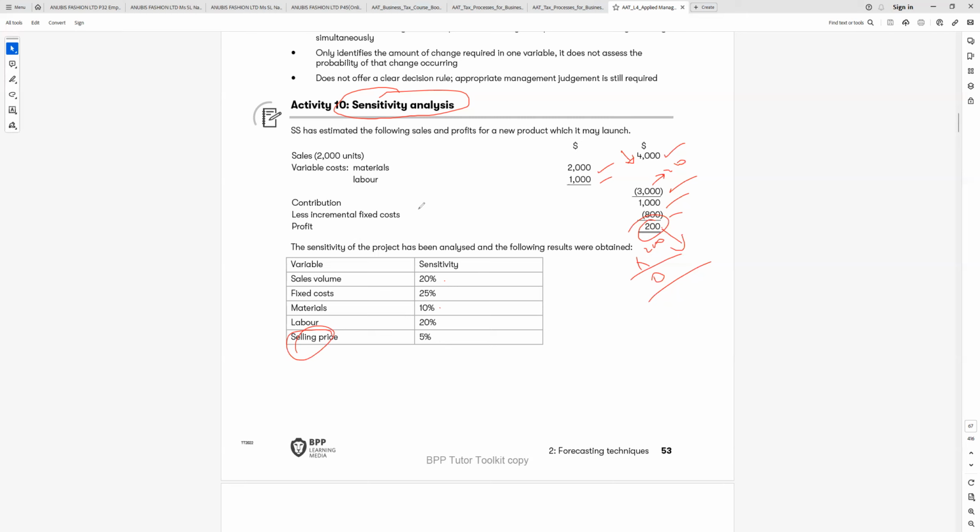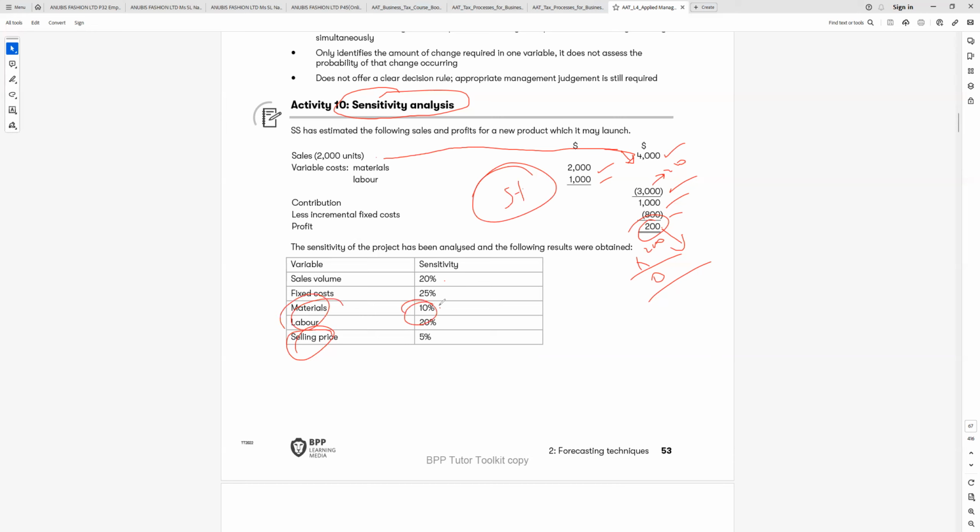That means now you are selling 2,000 units for 4,000. So if it is decreased by 5% only, if you need to reduce the selling price by 5% because of market competition or for any reason, then the company will not make any profit anymore. The company will make a loss. And for example, labor cost, material cost.